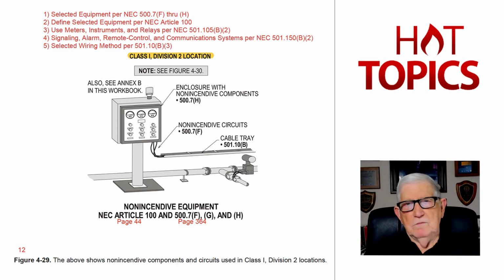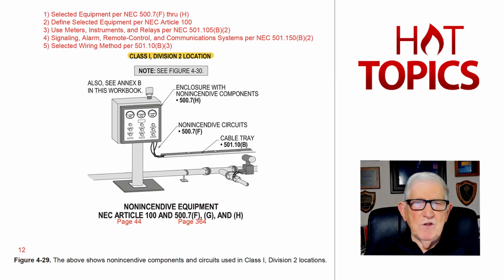500.7F and H. And after you select your equipment, define your electrical equipment in Article 100. Basically, where these systems are used, they're used for meters, instruments, relays in accordance with 501.105B2, signaling, alarm, remote control, communication systems in accordance with 501.150B2.